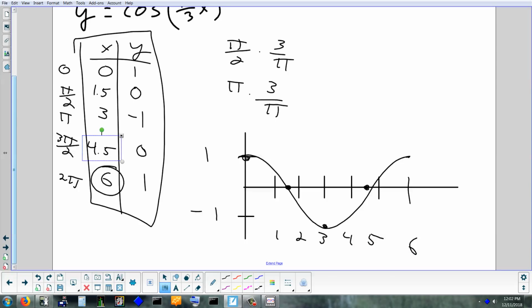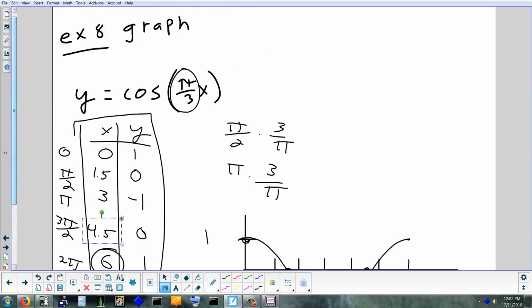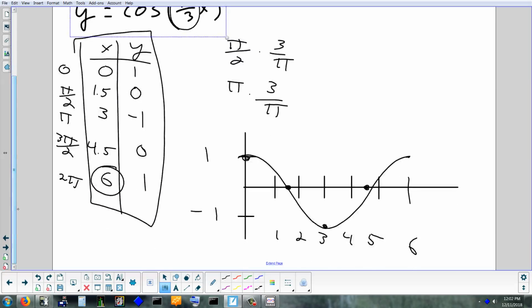So it compressed a very small amount. It's like 0.28 shorter. It's very, very small compression, and that's because this number is very close to 1. Pi divided by 3, you'll figure out what that is. It's like 1.04, 1.05. You just barely multiplied by a number bigger than 1. So not much compression. Good. Any questions on that?